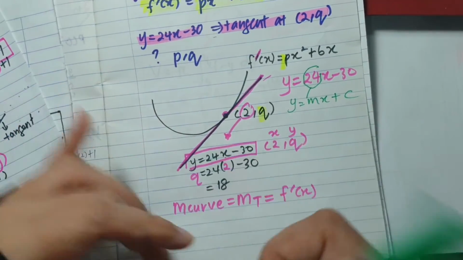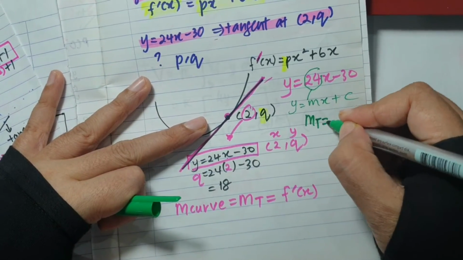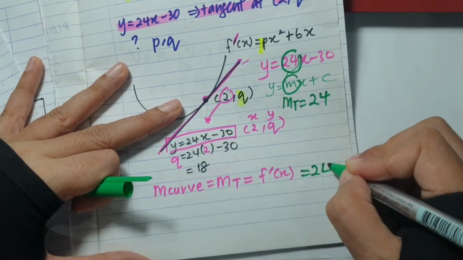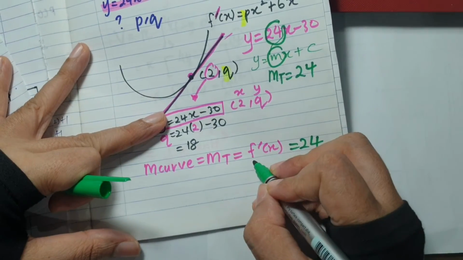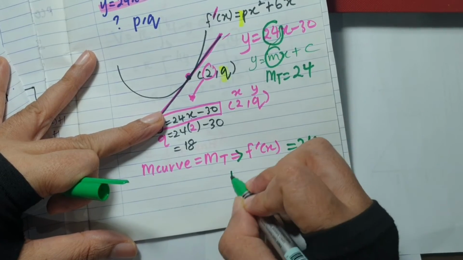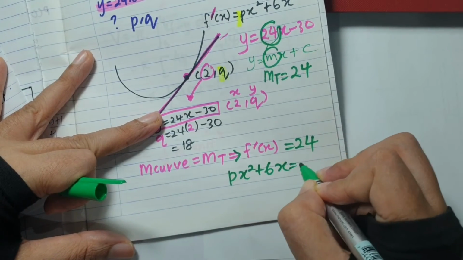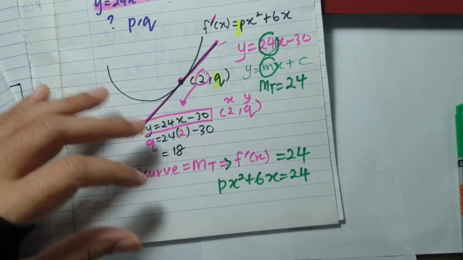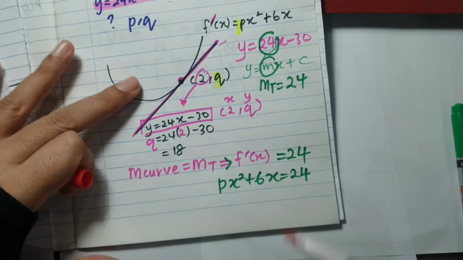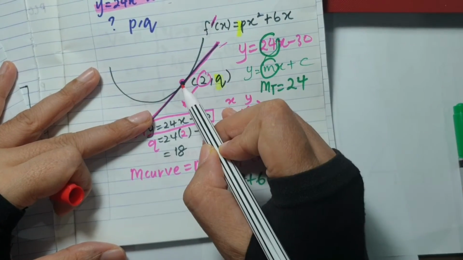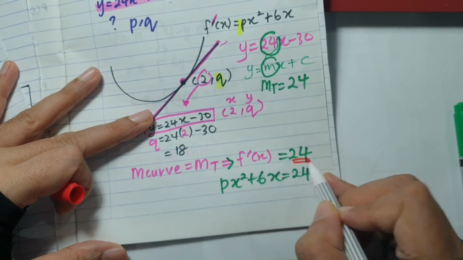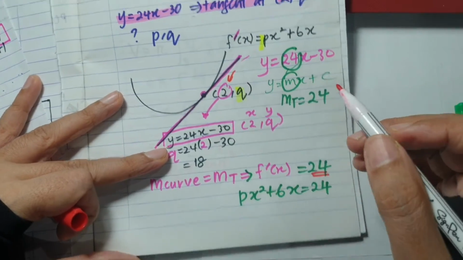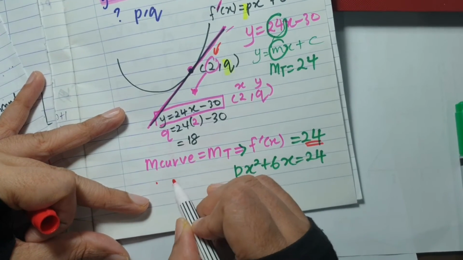So, the gradient of the tangent to the curve is 24. It is 24. Right. So, what is f prime x? F prime x is px squared plus 6x equals 24. Right. And the gradient of the tangent to the curve at this point is 24 if and only if the x is 2 there.